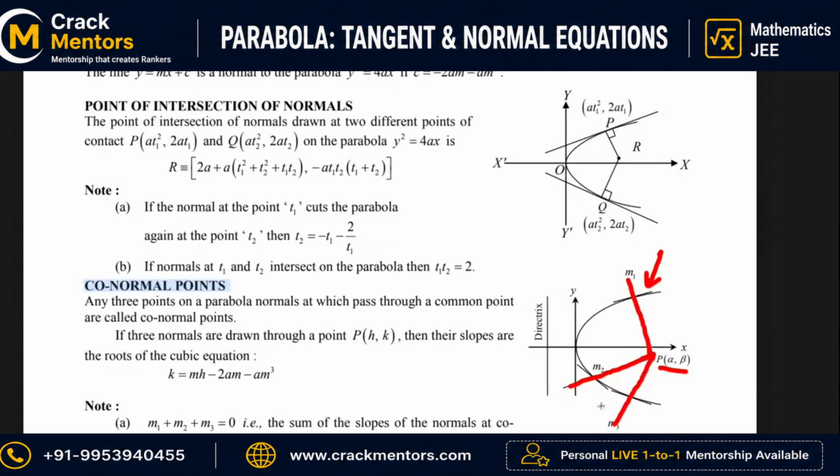This is one of the points, this is another point, this is another point, because normals are passing through these points. Alpha beta is that P point through which 3 normals are passing, and that is why this P point can be called the co-normal point.